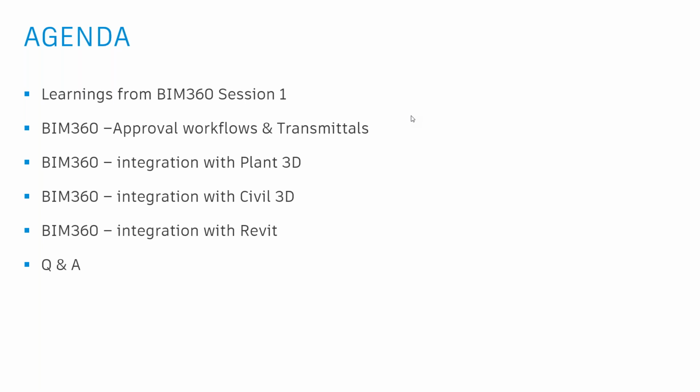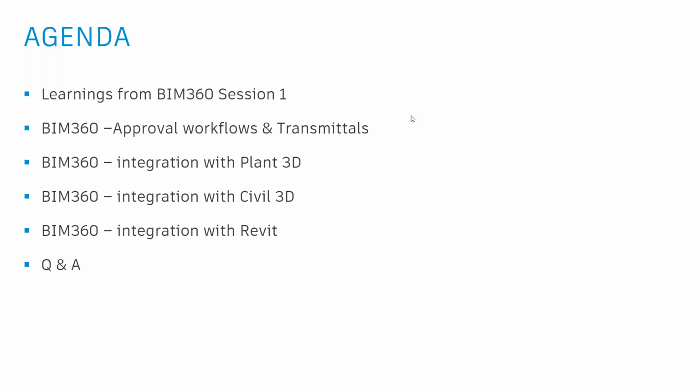Similarly, we will also see some new features, preferably how we could do more tighter collaboration with different tools like Revit, Plant 3D, and Civil 3D. We'll also learn the things which we missed out last time on how do we conduct approval workflows and transmittals in this particular webinar session, basically. And at the end, you can post your questions, and I'll reply back to those queries at the end of the session.